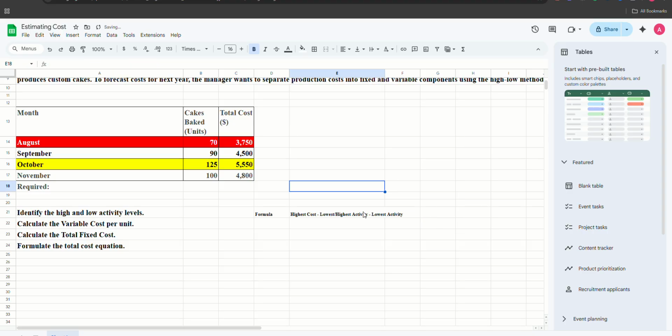So I'm going to use this formula for calculating variable cost.